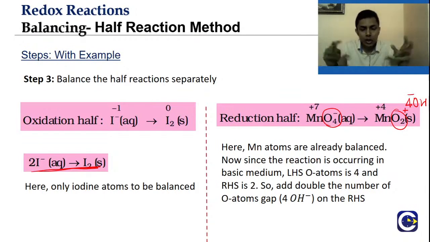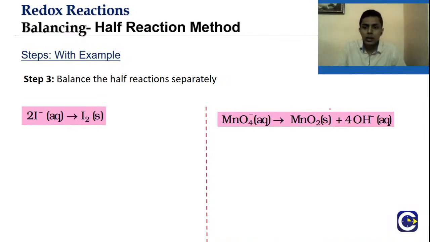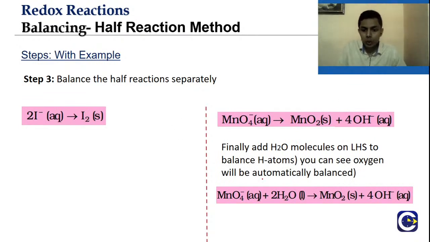Two are needed, so I multiply by four hydroxide. After that, H has to be balanced. How will I balance H? By adding H2O on the other side. How much H2O? Half of this, which is 2H2O. Clear?